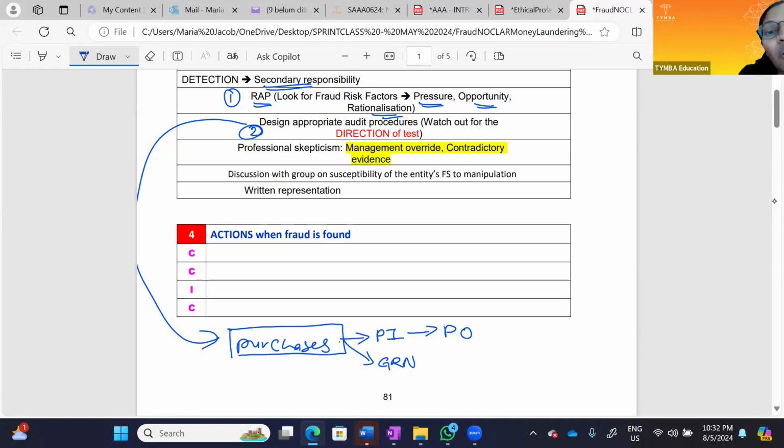The third one is always exercise professional skepticism. What is professional skepticism? It means you always exercise questioning.